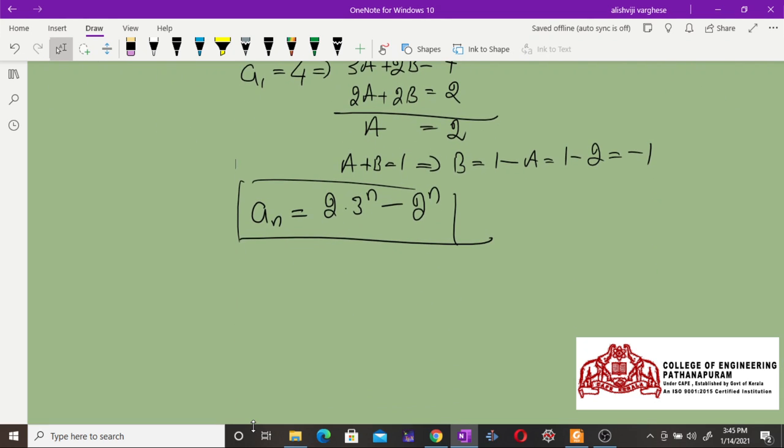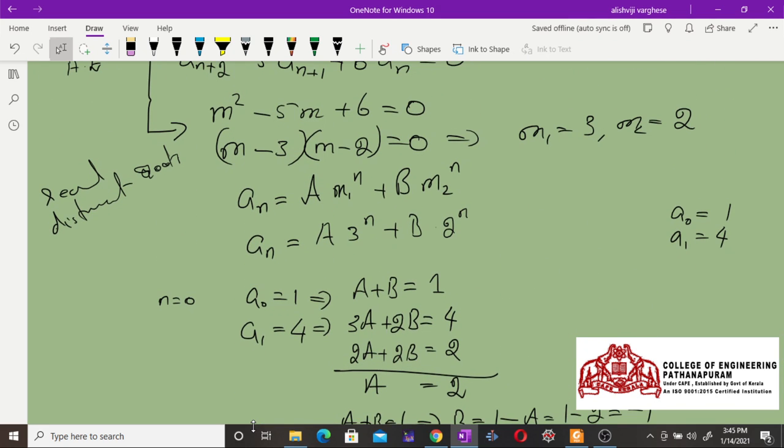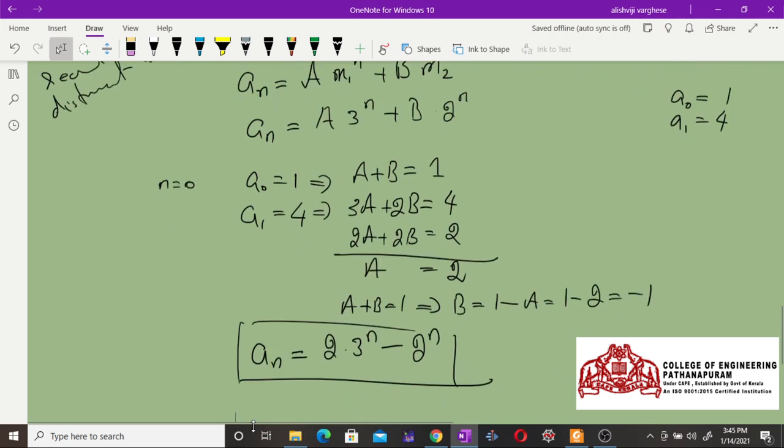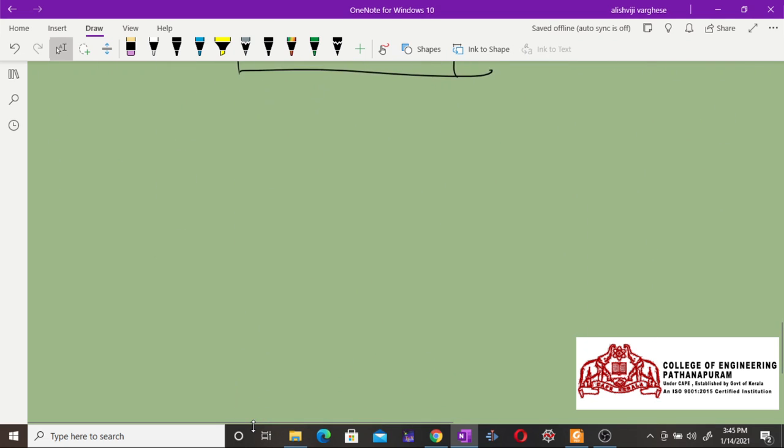This particular method of writing down the auxiliary equation, finding the solution of the auxiliary equation, and writing down the general form of the solution as an is equal to a into r1 raised n plus b into r2 raised n will work for all such equations with real and distinct roots, and we can extend the same method to a linear recurrence relation of higher order. So this method can be extended to a third order or fourth order recurrence relation.